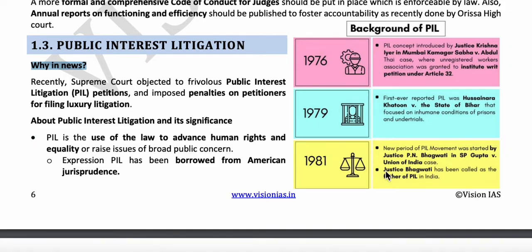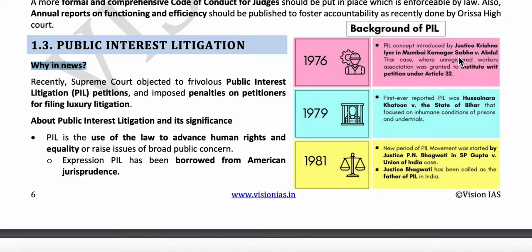Look into this box. The public interest concept was introduced by Justice Krishna Iyer in the year 1976. In the Mumbai Kamgar Sabha versus Abdul Thai case, the case actually deals with the payment of bonus to the workers as per the Payment of Bonus Act of 1967.